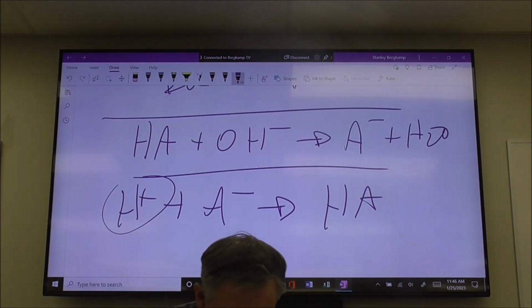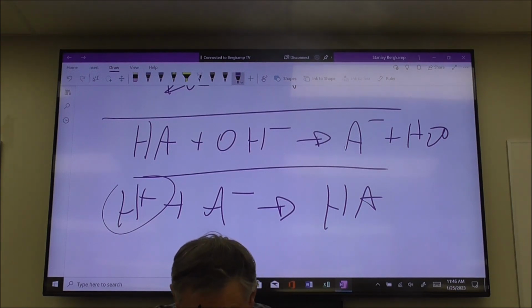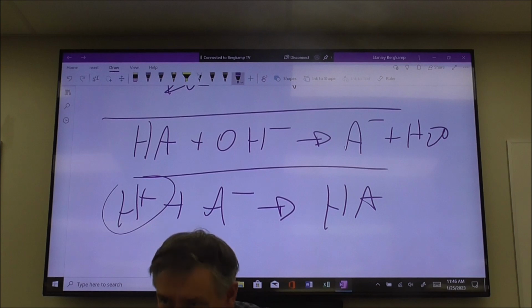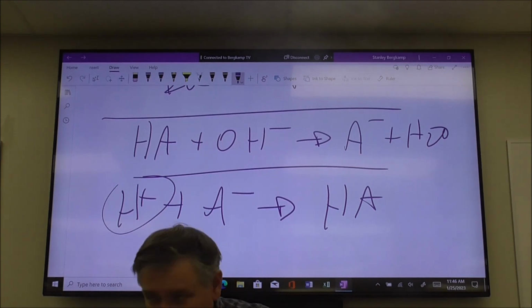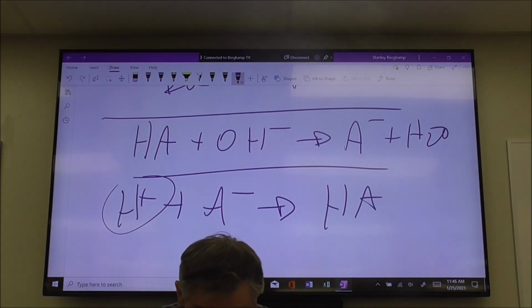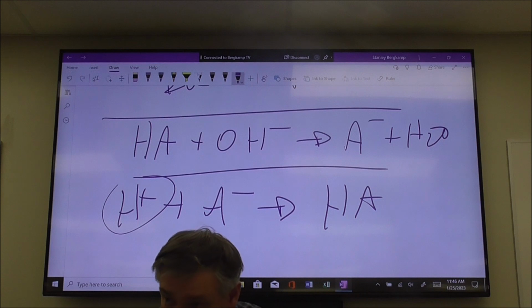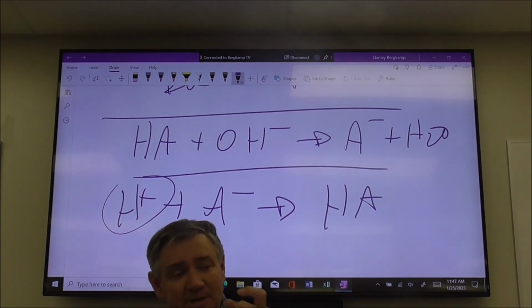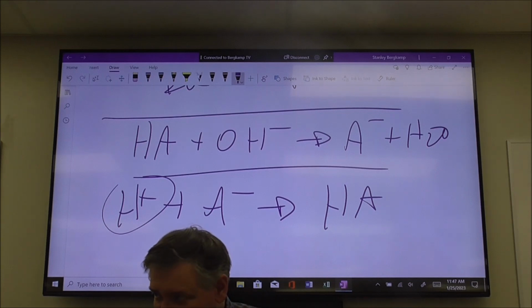Okay? Now, on number 7, 7 is identical to 6, except that now it's a buffered solution. Okay? So what you should see on number 7, because it's a buffered solution, and this is the whole point of buffered solutions, is that it mitigates changes in pH.